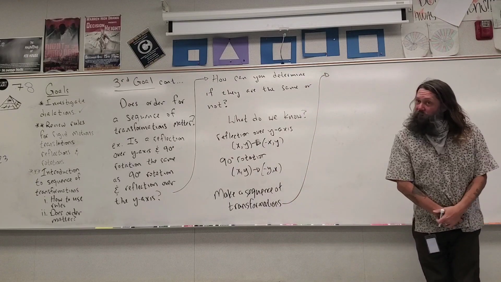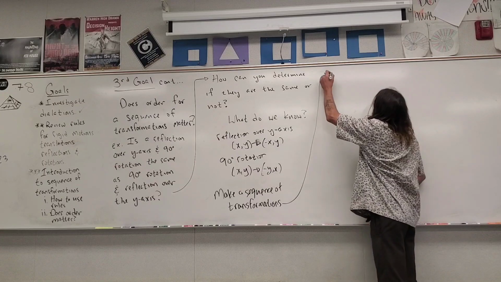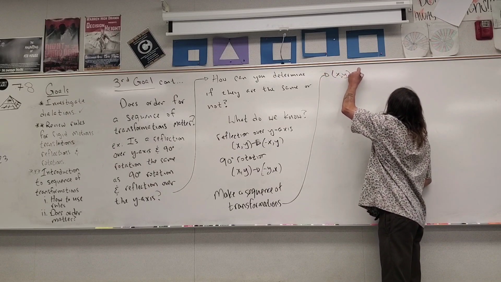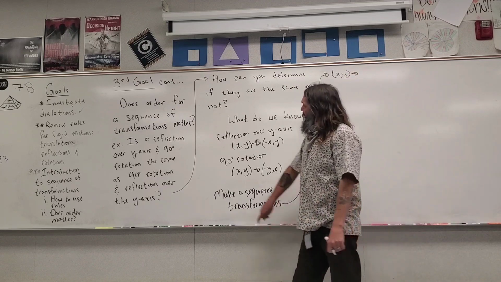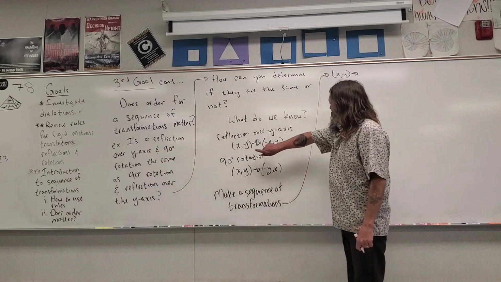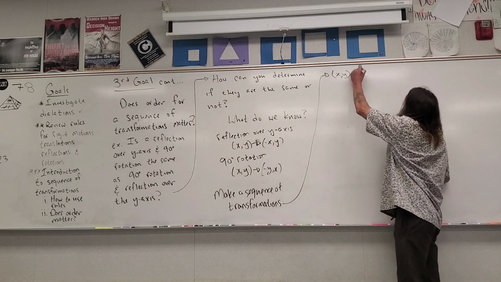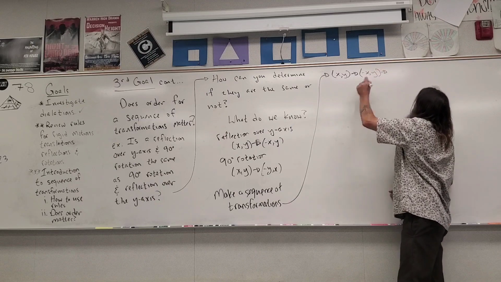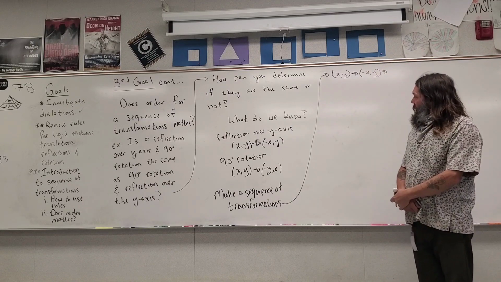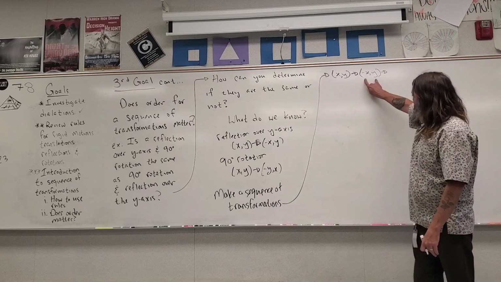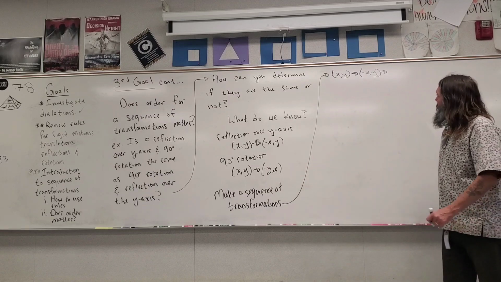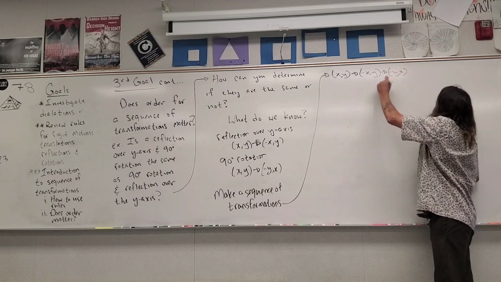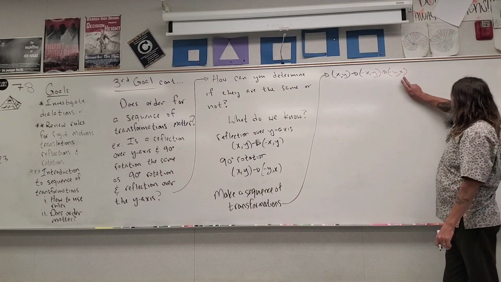I can make the first sequence of transformations the following. x, y is going to reflect over the y-axis, so x, y turns into minus x, comma y. And then I do a 90-degree rotation, so whatever I have here turns into minus y, comma x. A reflection and then a 90-degree rotation.